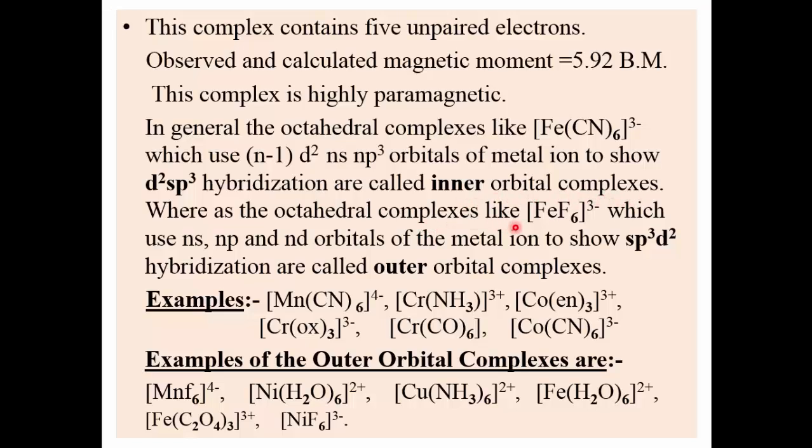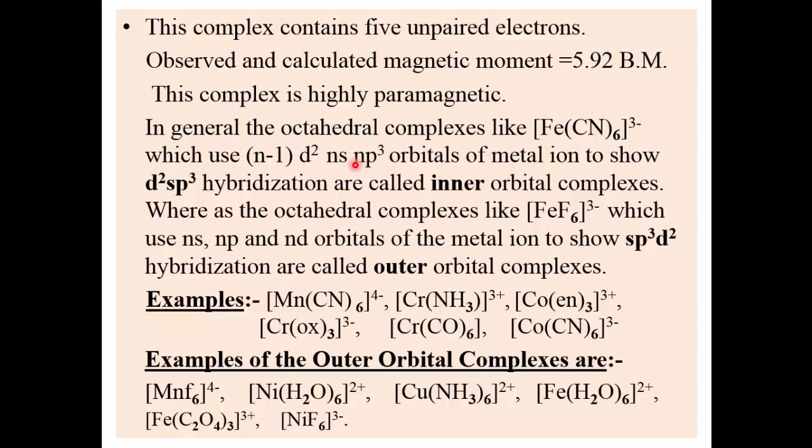While in case of [FeF6]3-, the iron uses ns, np, nd, n equal to 4, that means 4s, 4p, 4d orbitals for sp3d2 hybridization. The outer d orbital is used, and therefore these are called outer orbital complexes. This is the difference between inner orbital complexes and outer orbital complexes.